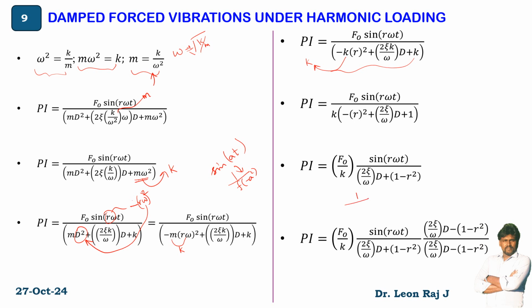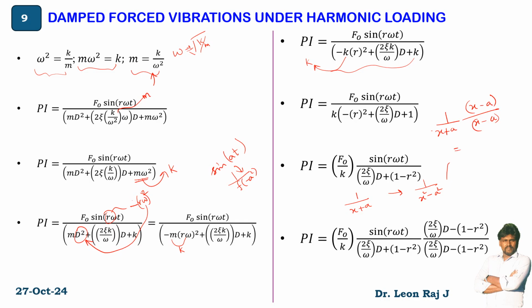1 divided by x plus a, and you want to convert this into 1 divided by x square minus a square, then you have to use the trick of multiplying this 1 divided by x plus a by x minus a divided by x minus a.